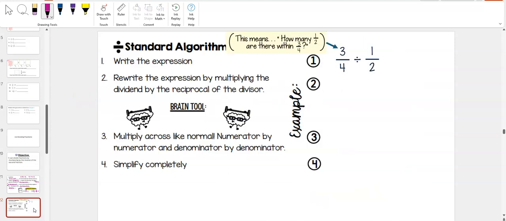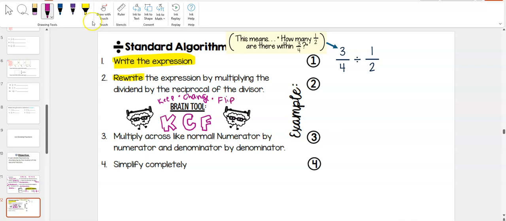All right, here we are. We've got our standard algorithm here. These are going to be our steps. First thing we're going to do is just write out our expression. Then we're going to rewrite the expression using our brain tool. And our brain tool is, and you may have heard this before, K, C, F. And that stands for keep, change, flip.